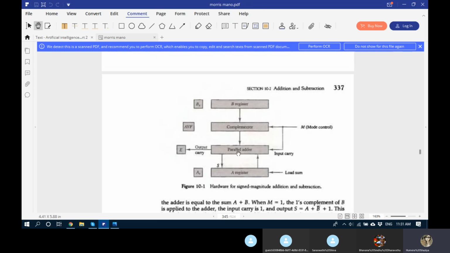This parallel adder will add the A register and B register contents, and store the result in accumulator.